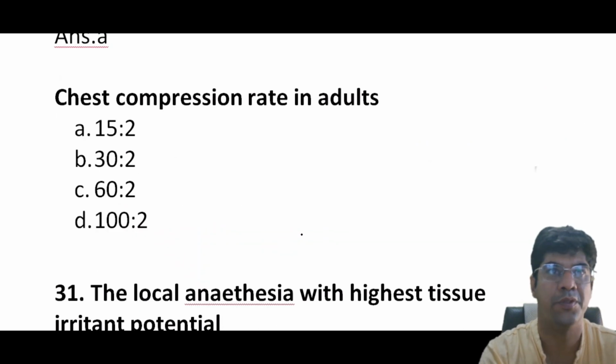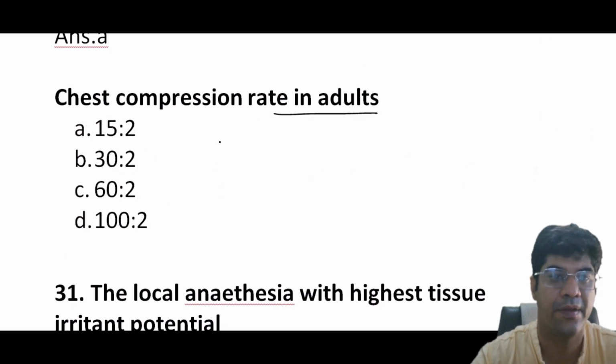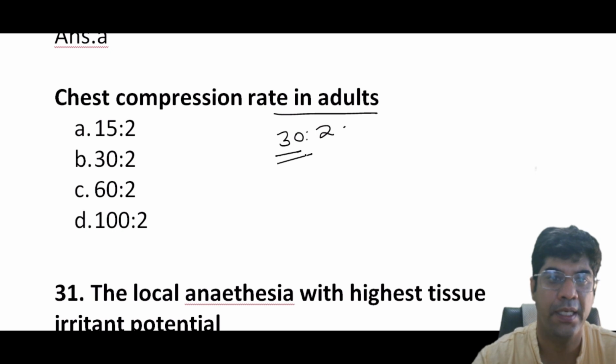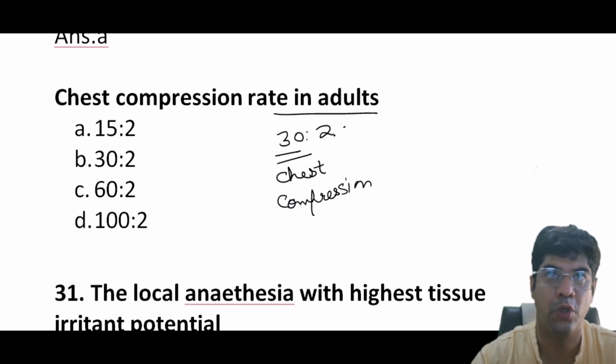Now coming to the next question, the chest compression rate in adults is, well, remember, in adults the ratio is 30:2. That means 30 chest compressions are given, followed by 2 breaths.